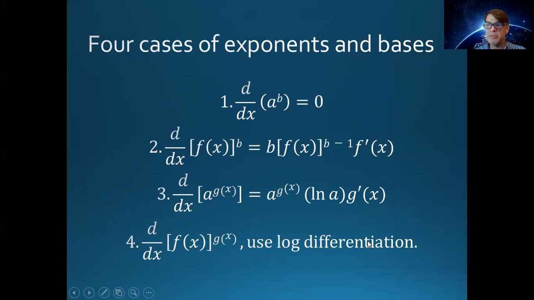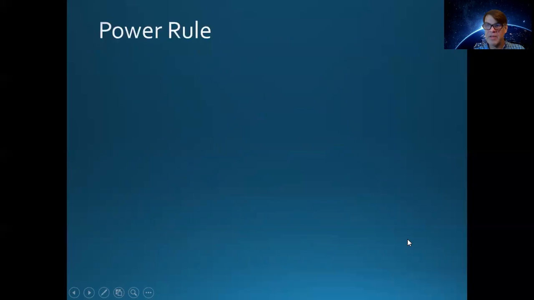Well, use logarithmic differentiation, which I think is like 2 or 3 videos ago. If you follow the link in my description, you'll get the list of all of them, and you can follow the trail. Okay, so these are the 4 cases of exponents and base. Derivative of a constant is 0, the power rule, the exponential rule, and then use logarithmic differentiation.